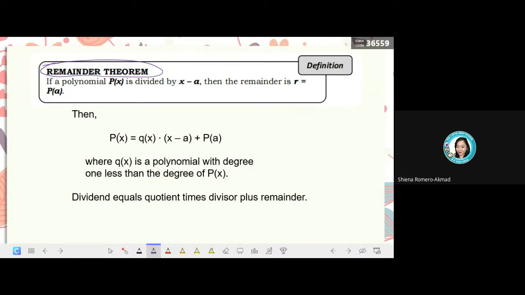The remainder theorem says that if you divide the polynomial by the divisor, then you will have a remainder if there is one, and that remainder is also equal to P of A. What is P of A?